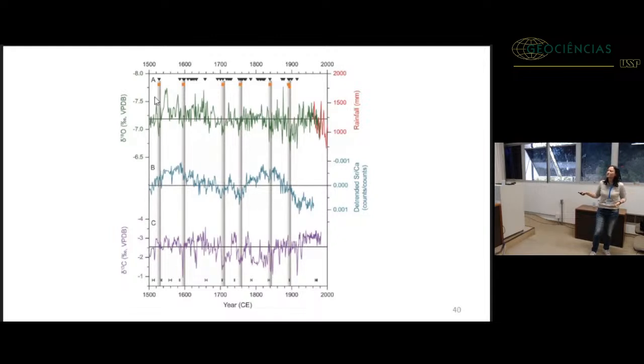The calcium result was also correlated with these results, and the carbon has a strong impact also. So the vegetation also suffered during these drought events. You can see this, maybe it's stronger than the historical reports.